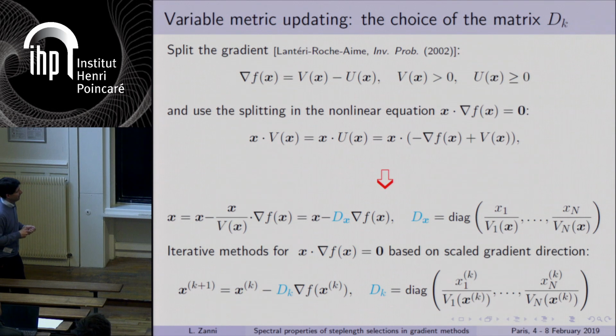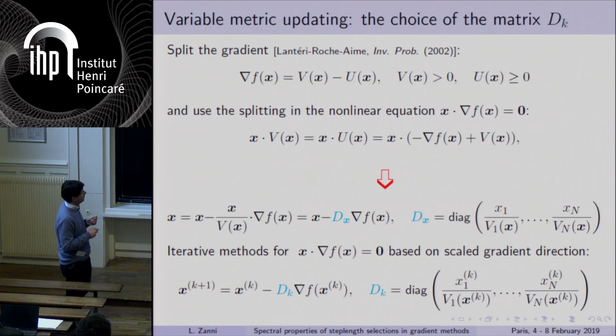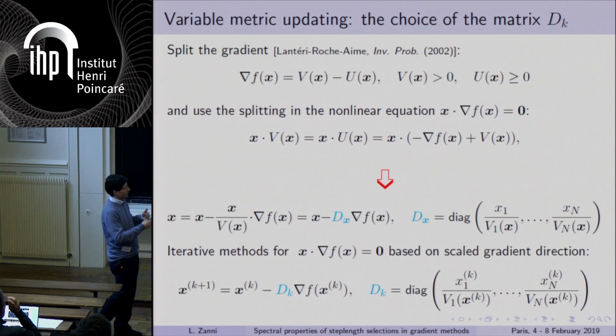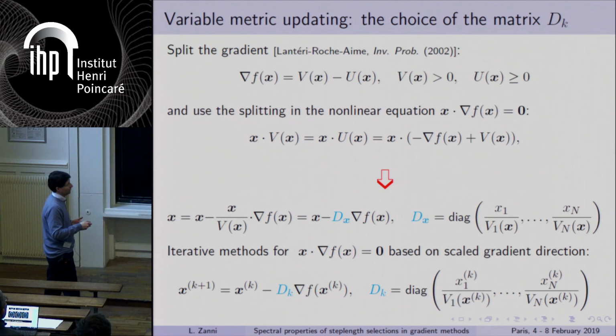problem. And when you try to exploit a fixed point iteration for solving this problem, you find exactly an iterative scheme that is a scaled gradient method with a very special scaling. Diagonal scaling with entries equal to the ratio, component-wise, of the current iteration over the positive part of the splitting of the gradient.